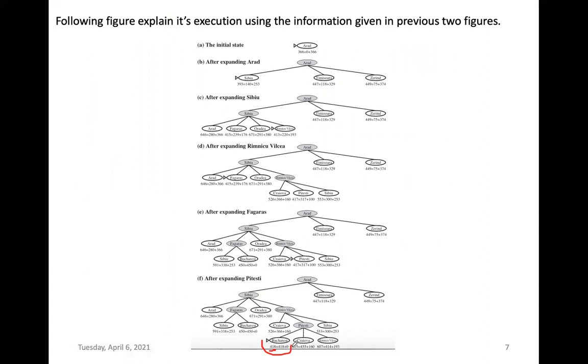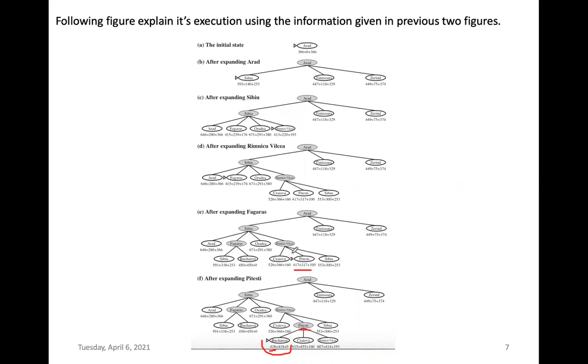And then you can see that the previous one, Pitesti, has a value 417.